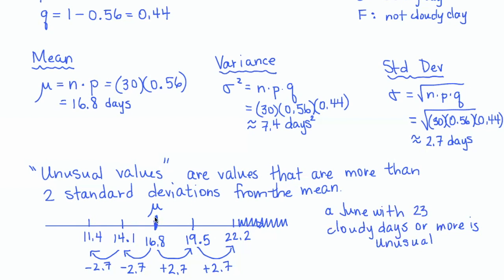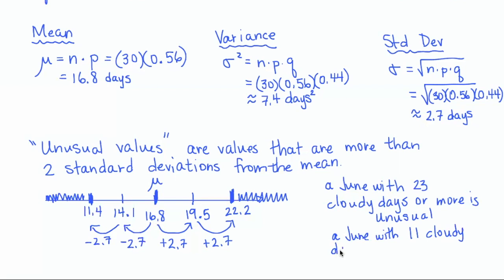So here's my mean. 2 standard deviations above was 22.2, and this is more than that. 2 standard deviations below is 11.4 days. And these values out at this end would be unusual. The first number in this shaded area would be the number 11, because keep in mind 12 would be off here to the right. So we can also say a June with 11 cloudy days or less is also unusual.